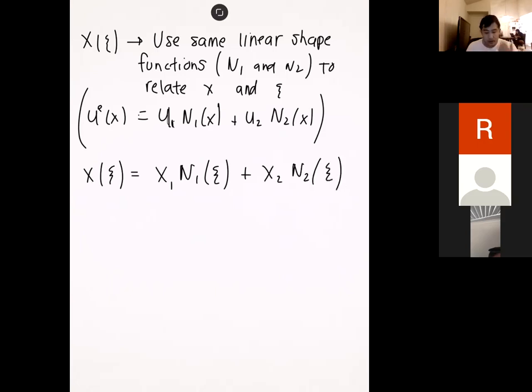Then to that we add x2 times n2 of zeta. It's the same idea, but instead of interpolating the nodal solutions, we're interpolating the nodal coordinates.